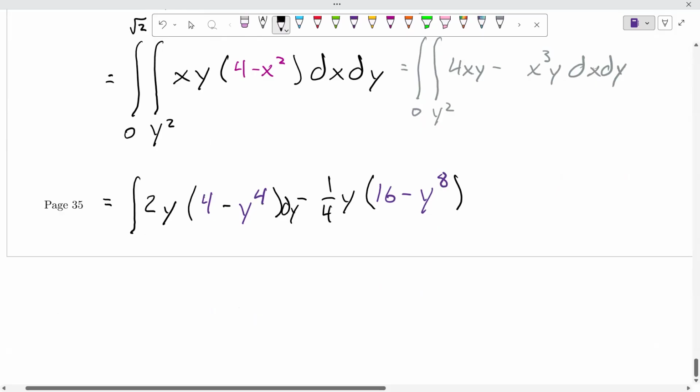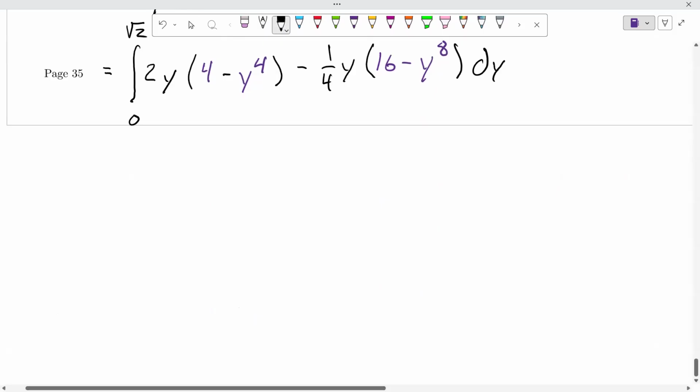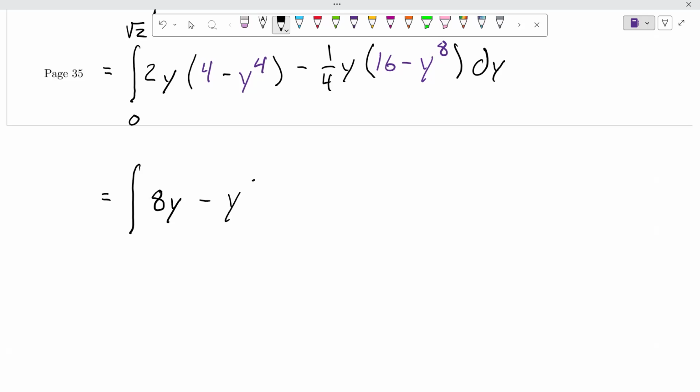We still have a dy here, from 0 to the square root of 2. Simplify this thing. What do we have? 8y minus 2y to the fifth minus 4y plus 1/4 y to the ninth.